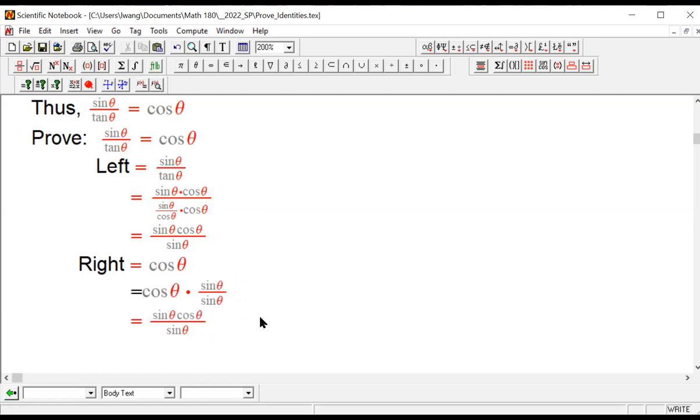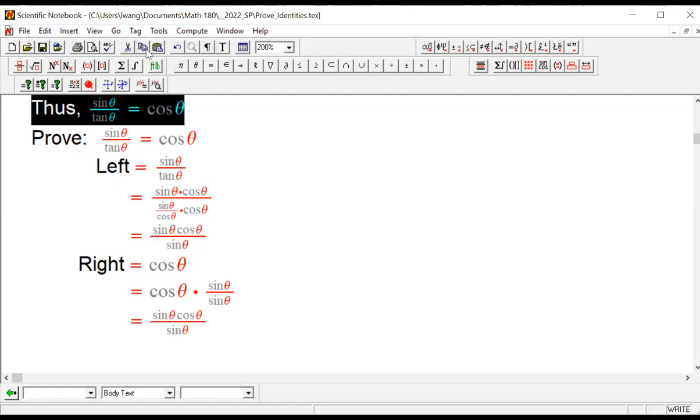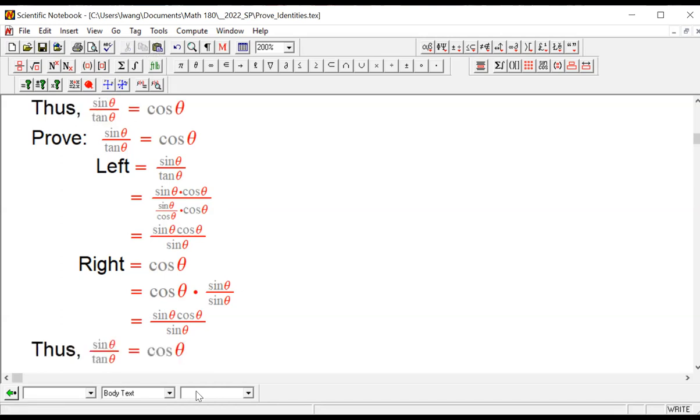So this is the third format. Almost every proof can be done by all 3 formats, but we don't ask you to do every format. We just want you to do one of the 3 formats. Left to right and right to left can actually be viewed as one format. And in the third format, we find a third place which is the same, so then you can say thus, left is the same as right.